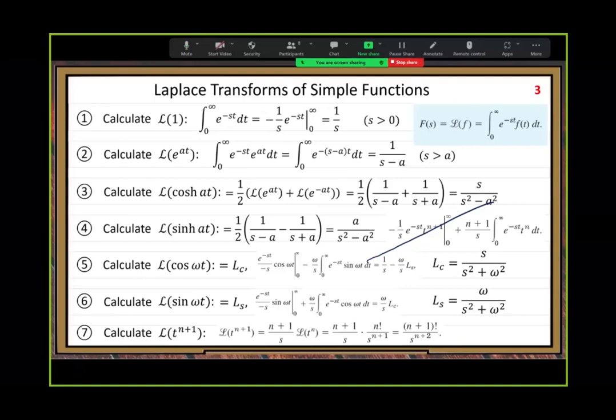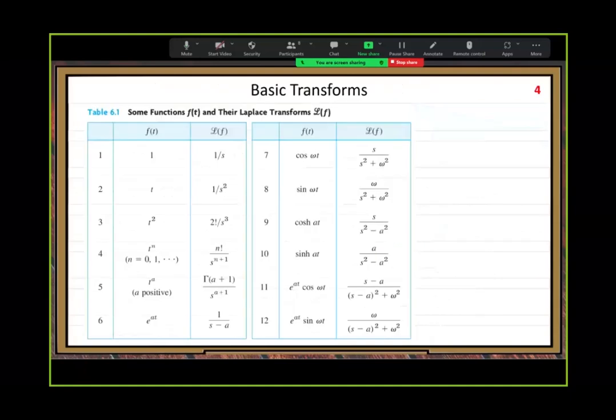So there is another method you can use. All right, this is the table. Here we have our first table for basic transforms. In our textbook, we have one section. Later, we have a larger table.